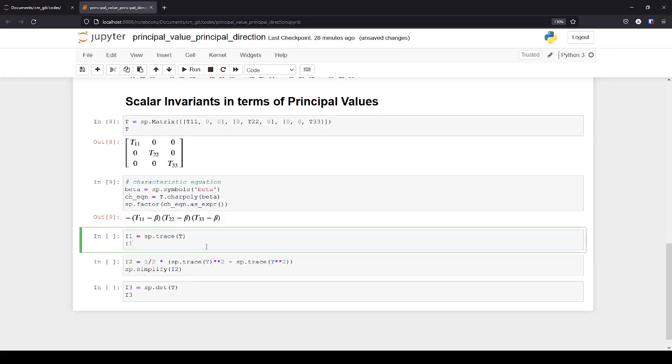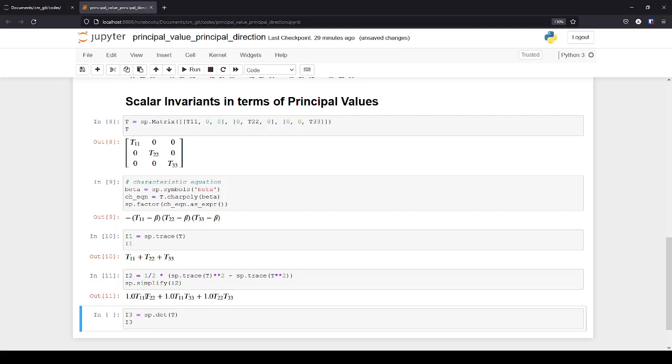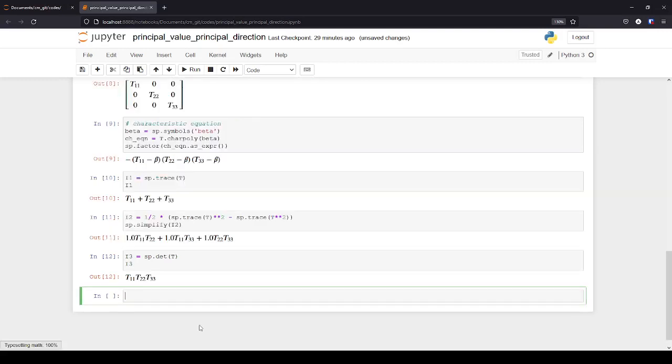So we have the trace of the tensor as I1. These are the equations from equation 2.25.5 in the book. And if we simplify, and we have I2, the second invariant, it becomes this. So you can substitute T1, T2, and T3 with lambda 1, lambda 2, and lambda 3 in equation 2.25.5 of the book. And then you have the determinant of T, which becomes the product of T1, T2, and T3.